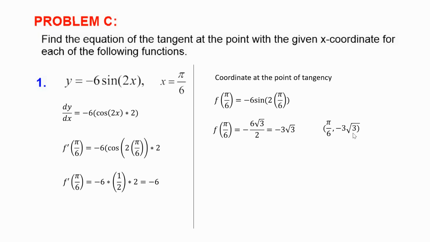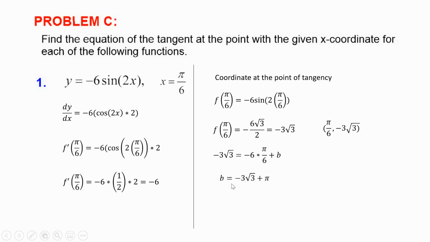Where do I go with this? All I remember having was the slope, and now I seem to have the point of tangency. Plug this into the tangent equation, into the y-axis. Absolutely, you've done this before, folks. So the minus 3 root 3 is equal to the minus 6 times pi over 6, because that would be the x-coordinate, and the minus 6 represents the slope, plus the b.